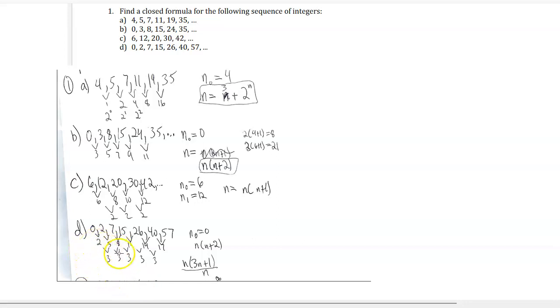So it was very similar to the one above, where that is part of the equation, except we're increasing by a different amount. For this sequence, we came up with a general formula of n times 3n plus 1, over 2. That continues on and satisfies all of the other terms.